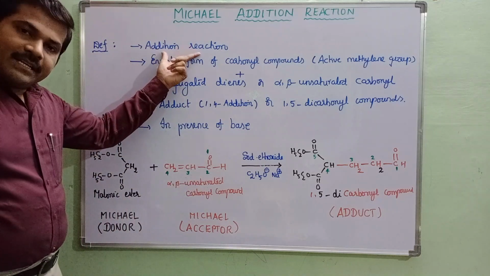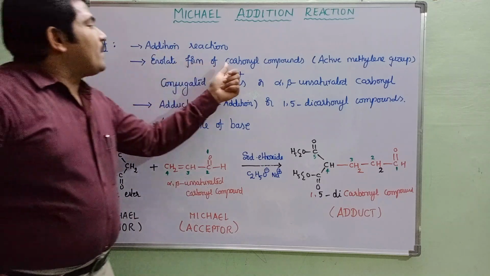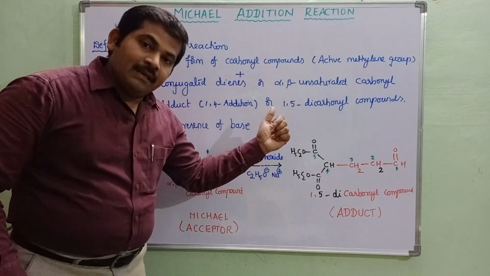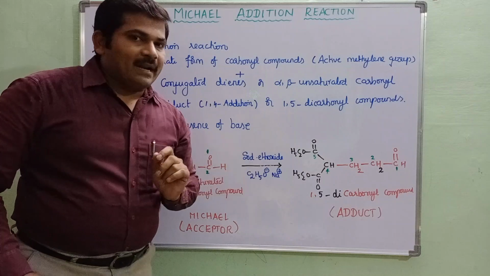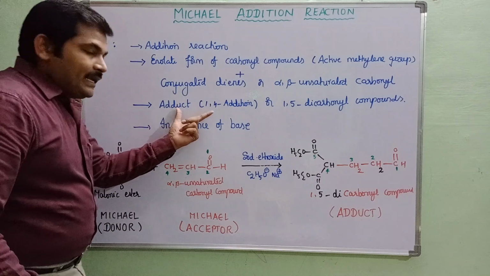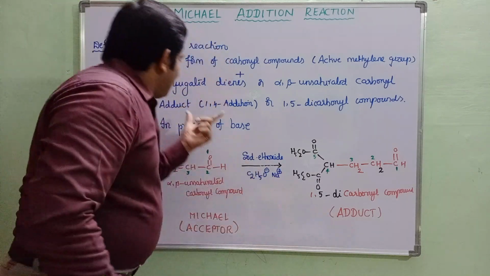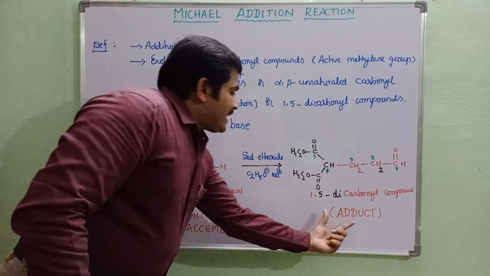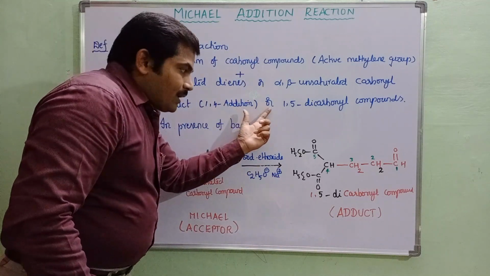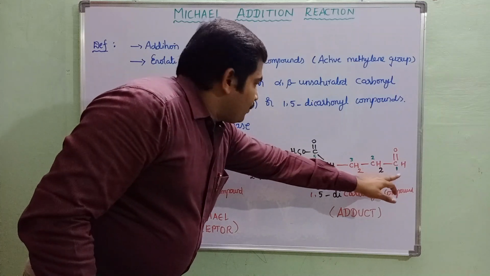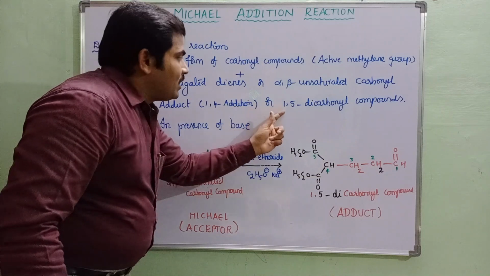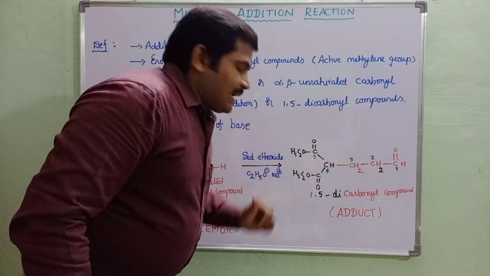It is an addition reaction in which the enolate form of carbonyl compounds, like active methylene group containing compounds, reacts with alpha beta unsaturated carbonyl compounds, like conjugated diene systems, to yield the addition product called an adduct. This adduct is mainly formed by 1,4 addition. According to the nomenclature, at the 1st and 5th positions there are 2 carbonyl groups, hence it is called a 1,5-dicarbonyl compound.